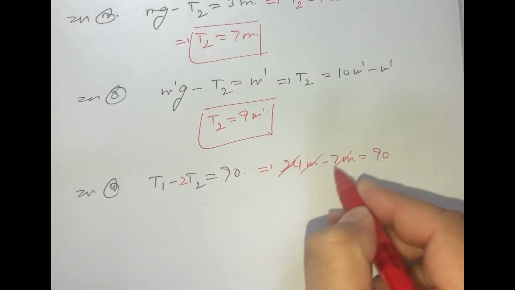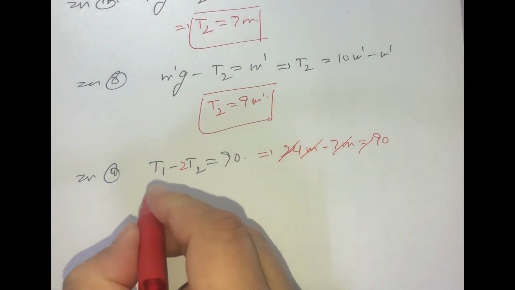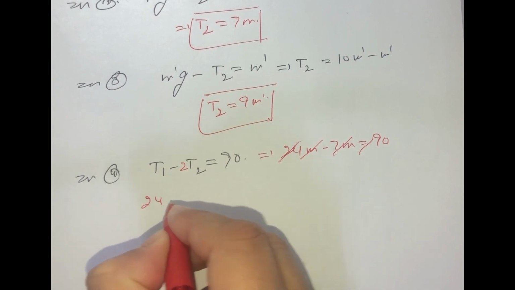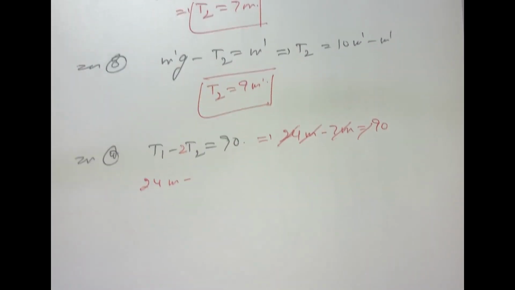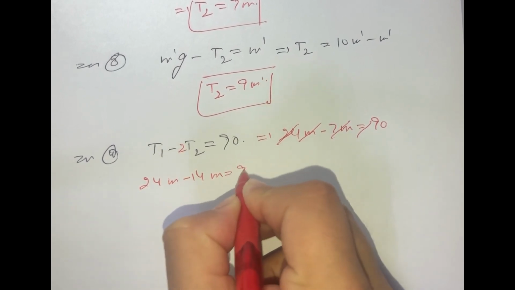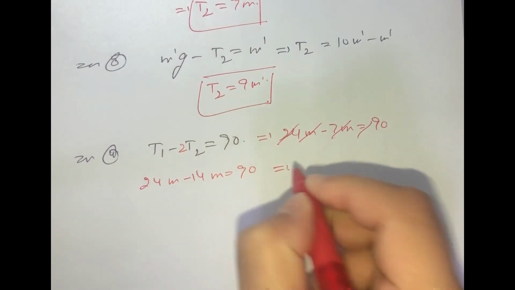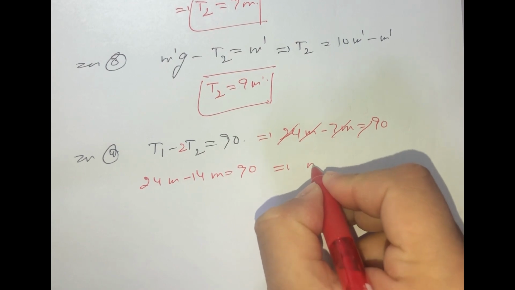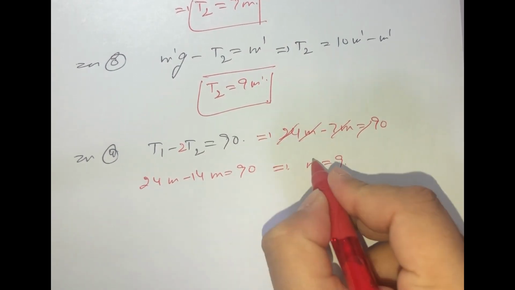Okay. So we can say this as 24m minus 14m is equal to 90. So from here we get m as 9.